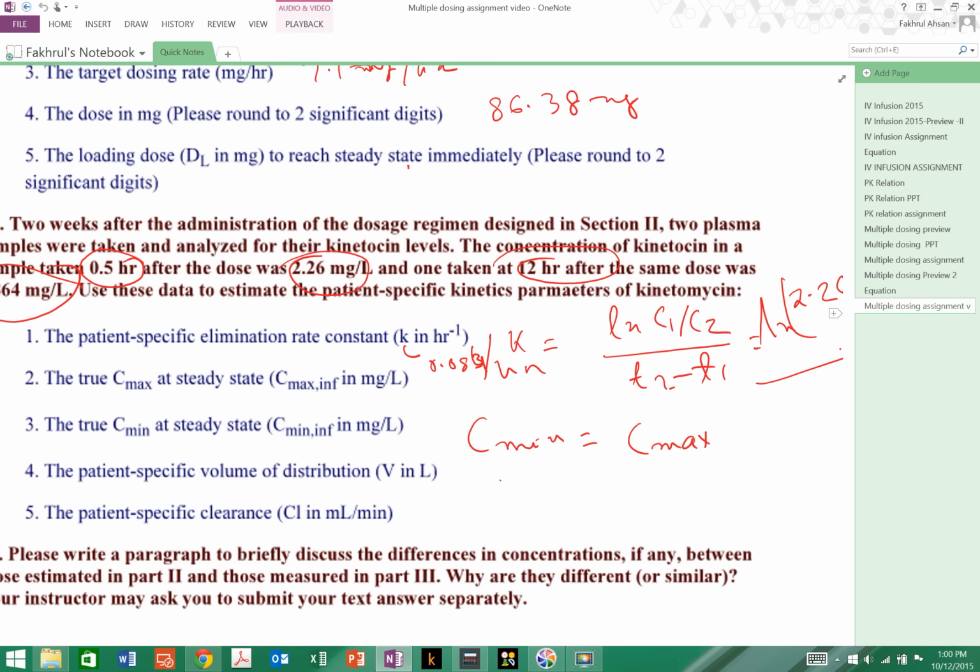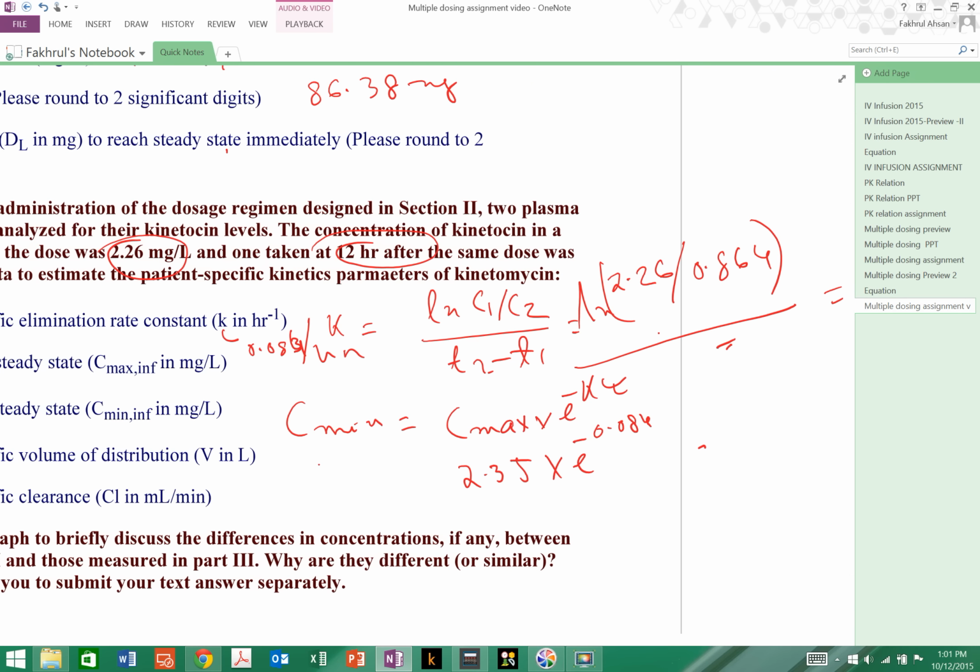What was our Cmax? 2.35 times e to the negative, our k was 0.084, times 12. So this should give you a Cmin of 0.864 milligram per liter.